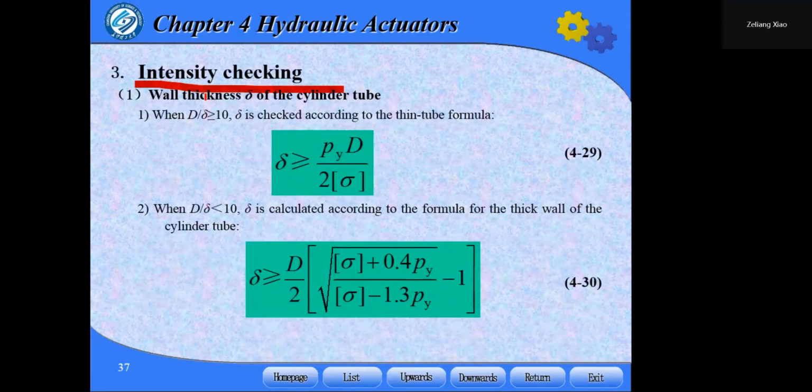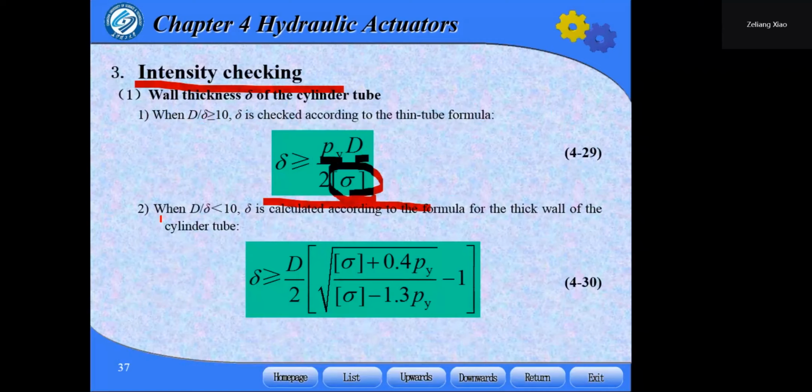When the ratio of D to sigma is more than 10, sigma is checked according to the simple formula, where P is the permitted pressure and D is the diameter.